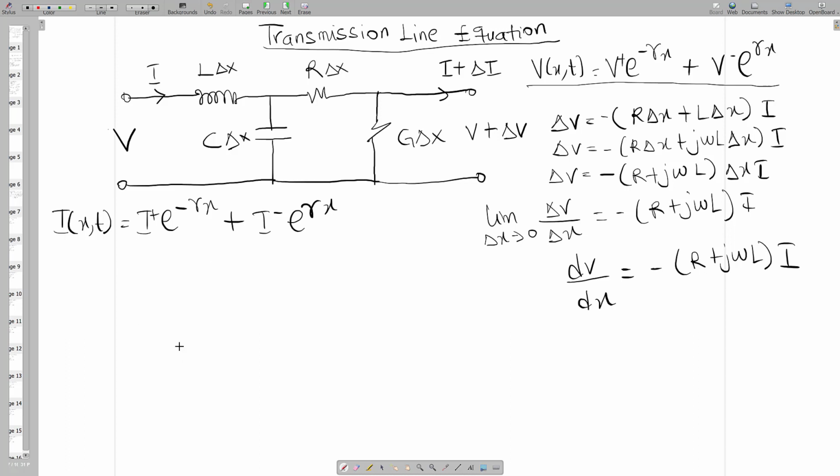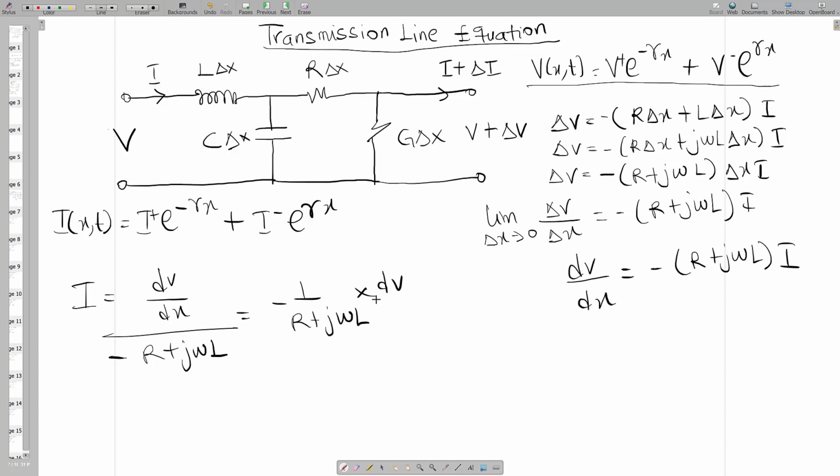So what we have to do now is to find what I is. We know that from this equation we can find I. We can say that I will be equal to dV over dx all over minus R plus j omega L, which is the same as 1 over R plus j omega L multiplying dV dx over here.